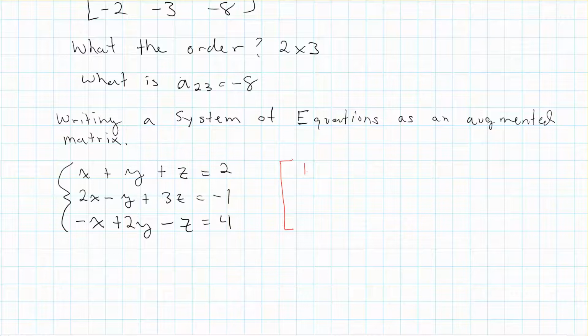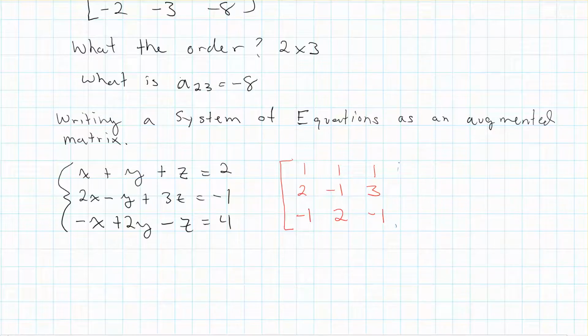So it's 1, 1, 1, and then 2, negative 1, 3, and then negative 1, 2, negative 1. If I were to close the bracket right here, this would be called a coefficient matrix, because it's just all of the coefficients of the variables. But we want to write what's called an augmented matrix, which also includes what's on the other side of the equation. Many textbooks draw a dotted line here, and I like doing it as well.